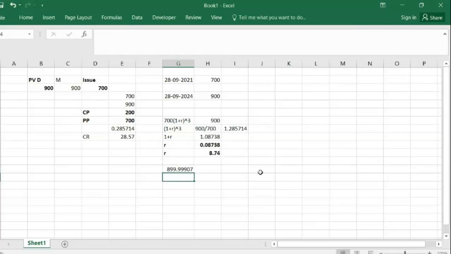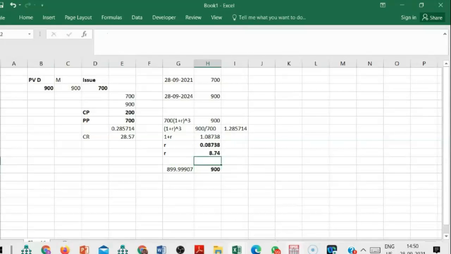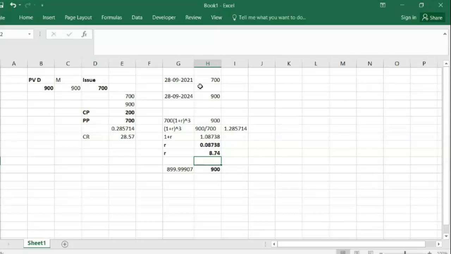It comes to 899.9999 rupees, which means approximately 900 rupees. So in this particular method, we can estimate what coupon rate is applicable for the instrument. The coupon rate is the percentage of return, or the percentage of interest, applicable for the particular instrument, and we can calculate it based on this method.